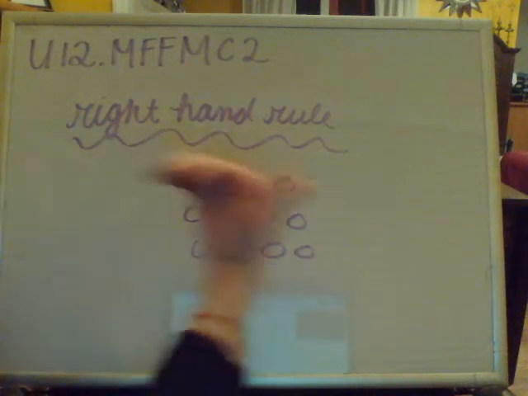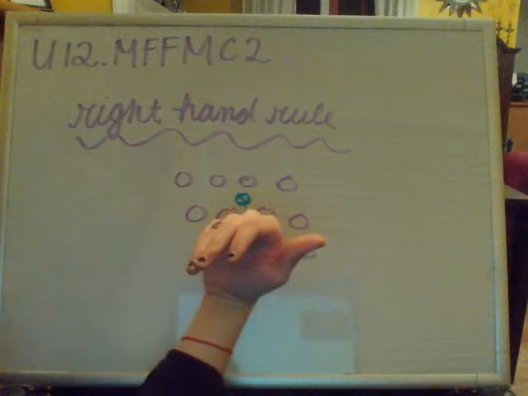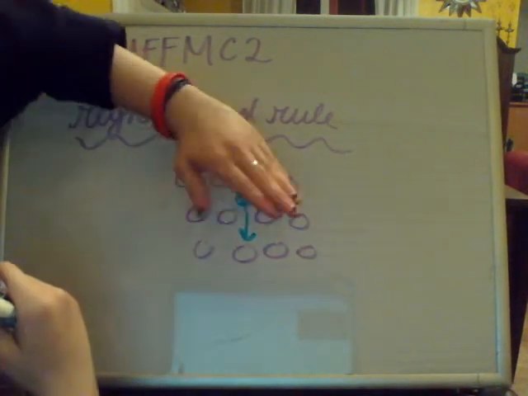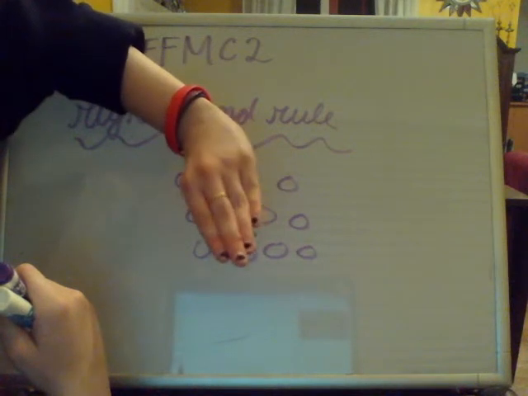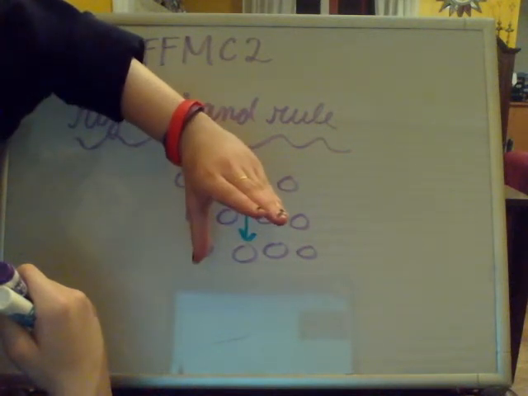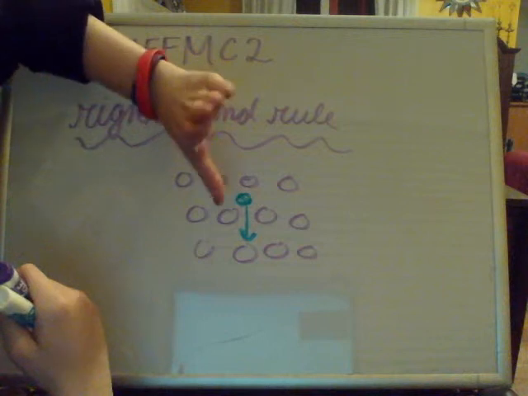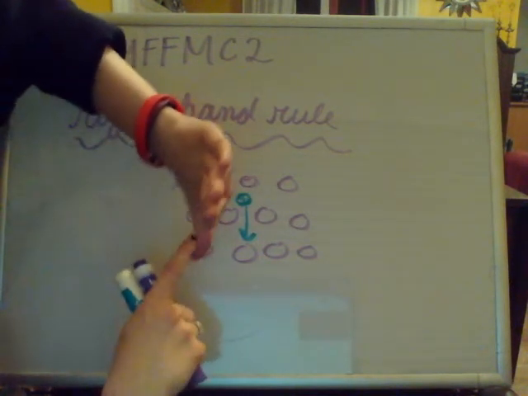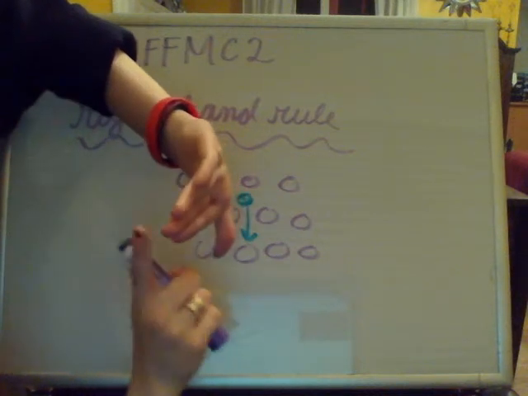So you're going to have the magnetic field coming out and your thumb going down. It's going to be like this. Wait, does that make sense? Yes, it does. It's coming out, and this is the velocity, and this is the magnetic field.